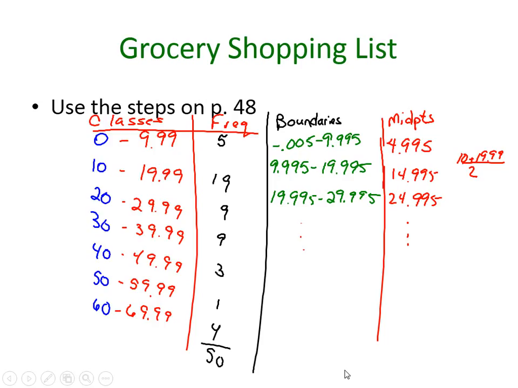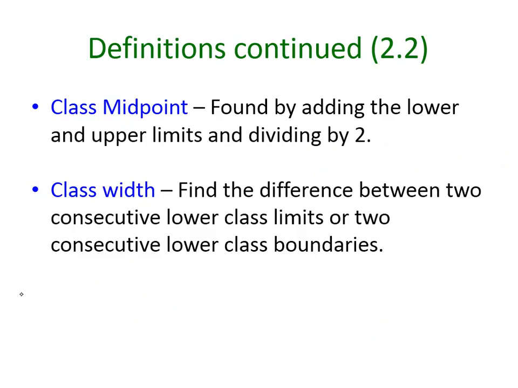If we wanted to find the class width: we created our frequency distribution using the class width, so we already knew what it was. But if you had the frequency distribution given to you and you're trying to find the class width, you find the difference between 2 consecutive lower limits or 2 consecutive lower boundaries.